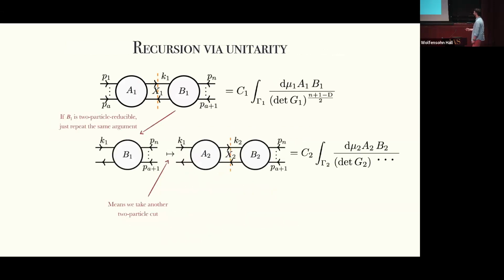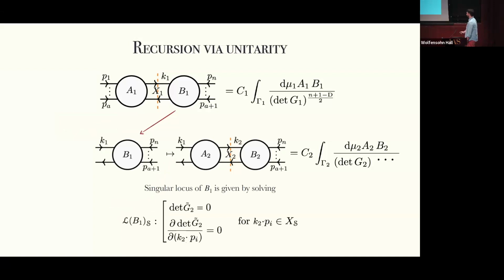So to be more concrete, what I'm saying is that, say, B1 has a two-particle cut, so the diagram is hidden in B1 as a two-particle cut. Then you just repeat the argument for B1. So you extract B1, you take another two-particle cut that gives you a new Baikov representation integral, where basically all the subscript 1 quantities are replaced by subscript 2 quantities, and this power also changes, but it doesn't matter.